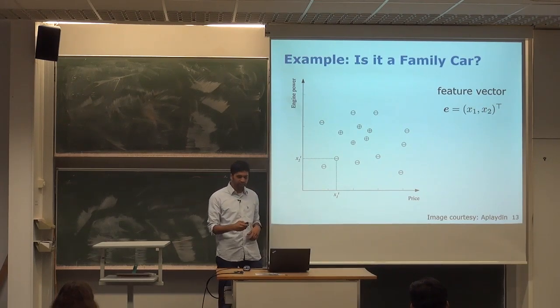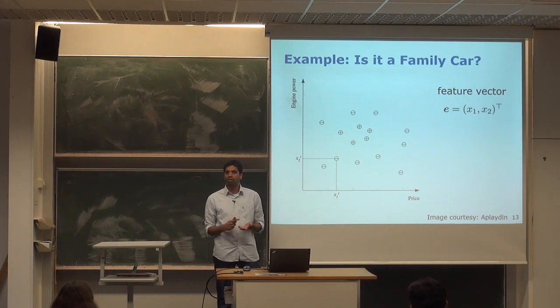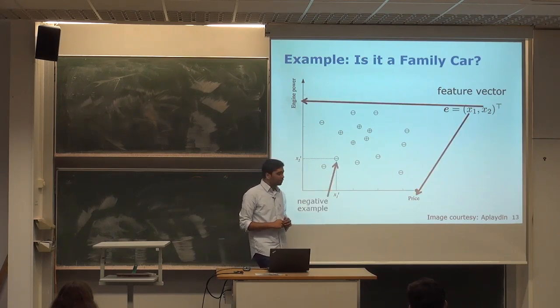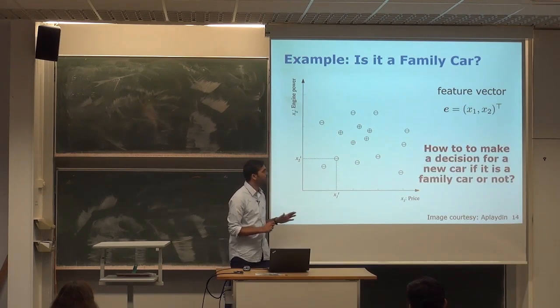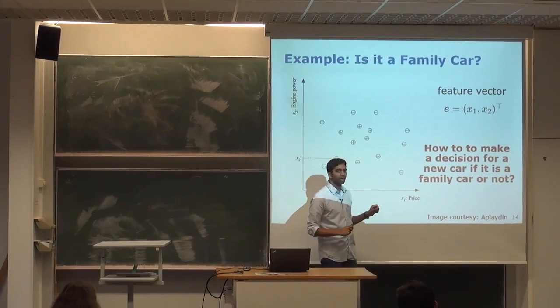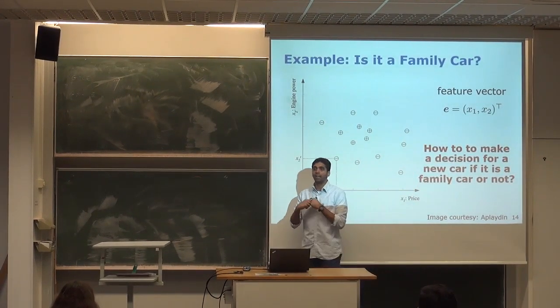And given this data, your classifier needs to tell if a car comes up here, is it a family car or is it not? Right? So basically, like I said, these are the negative examples, the positive ones, and the question the classifier needs to answer is basically to make a decision.